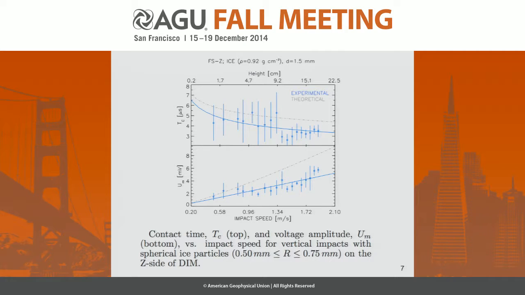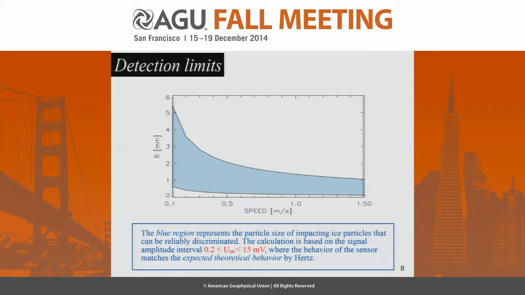And then the idea was precisely to produce these curves that related these two quantities, that is the contact time and the amplitude. There you see that we have some deviations with respect to the expected theoretical behavior, but in principle we have a more or less stable performance. Another important thing was to calculate the detection range of the sensor.